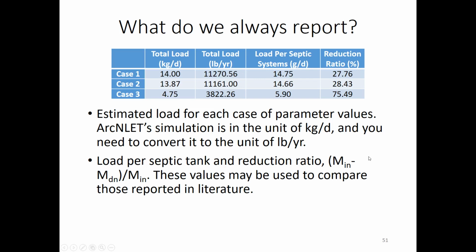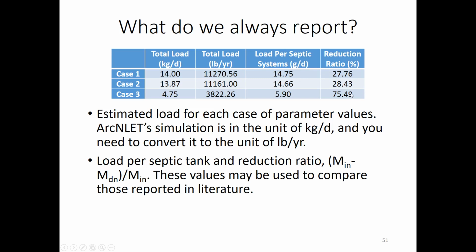The reduction ratio means you have M in, the mass into groundwater, and then you have the amount of denitrification, which is reported in the output of ArcNLET after you run the load estimation module. Then you calculate the difference between M in and M denitrification, divided by M in. So that's how much nitrogen is gone. These two values we report because we can compare our estimated values with literature.